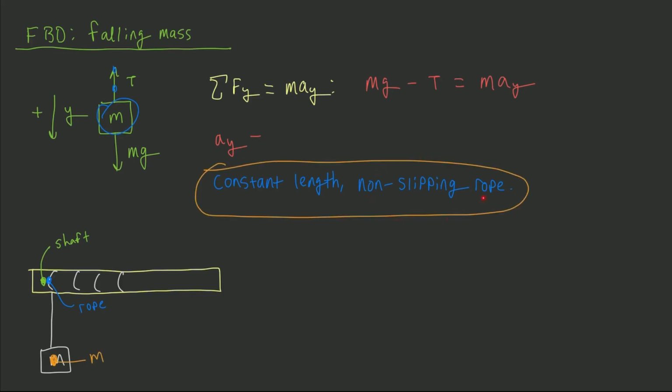So because of the non-slipping condition, we know that this blue point on the rope is accelerating at the same rate as this green point on the shaft right beneath it. Because of the constant length condition, we also know that this blue point on the rope is accelerating at the same rate as this orange point, which just so happens to be the mass. So therefore, this mass is accelerating at the same rate as this green point at any given instant because of the constant length and non-slipping rope condition.